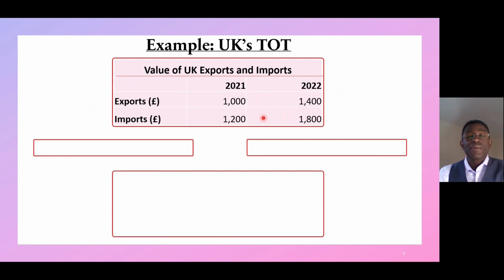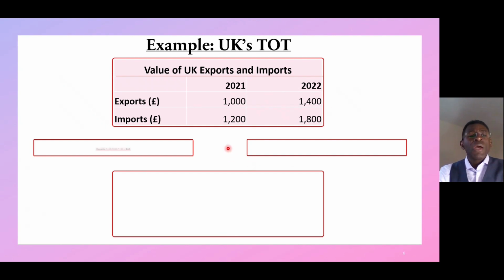In calculating index numbers or indices, we use 1 year as the base year, and the amounts in the base year are equal to 100. So we are going to use 2021 as the base year. If we do that, then 1,000 becomes 100. Using that information, we can calculate the indices for 2022.